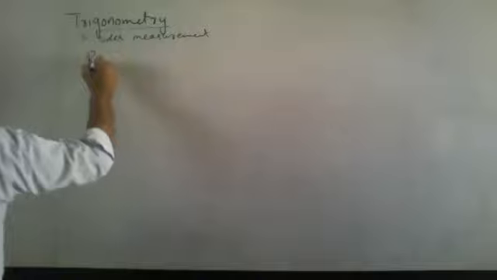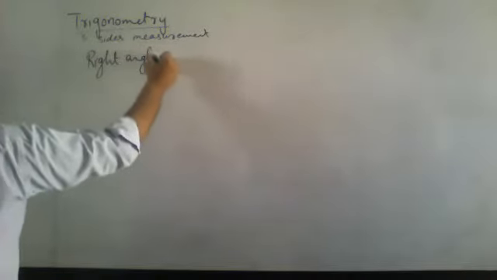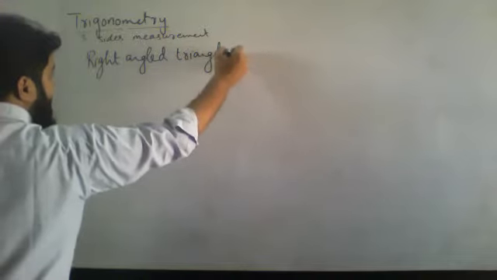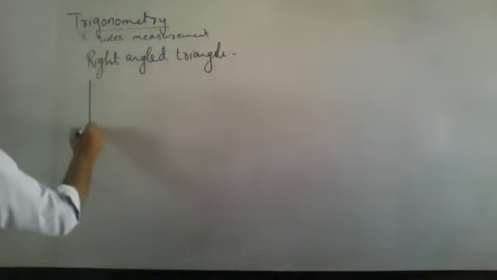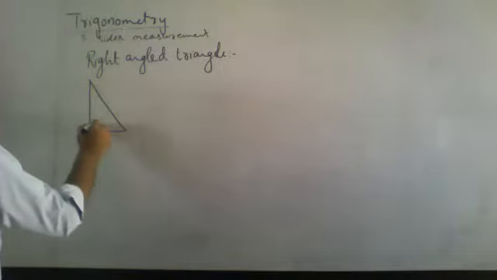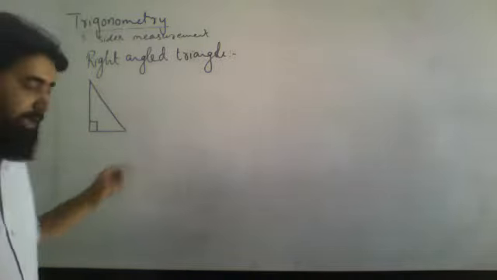So when it comes to right angle triangle, in a right angle triangle we are going to have a 90-degree angle. And for this right angle triangle, we have some ratios.